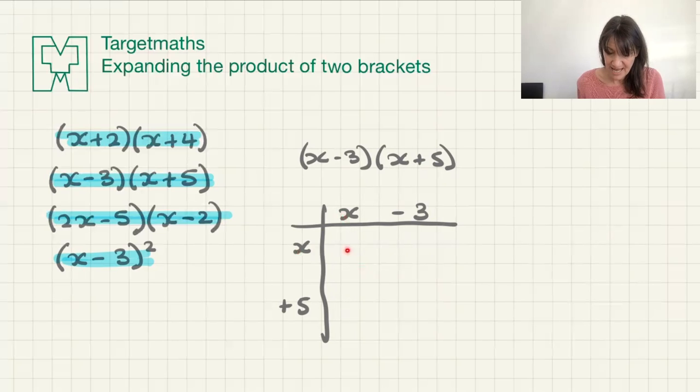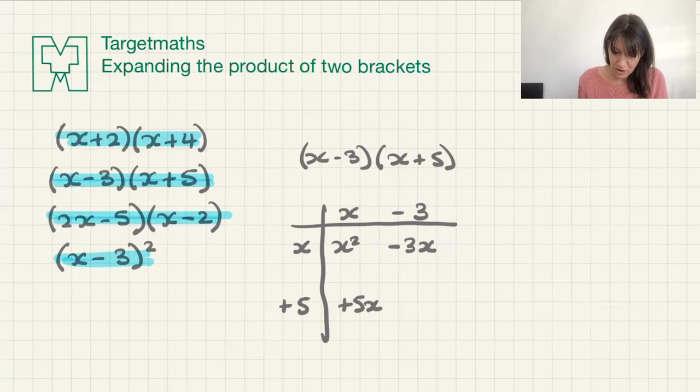So x times x is x squared. x times minus 3. All I actually have to do is my minus 3 and squash in the x. I've then got x and plus 5, squash it all together.